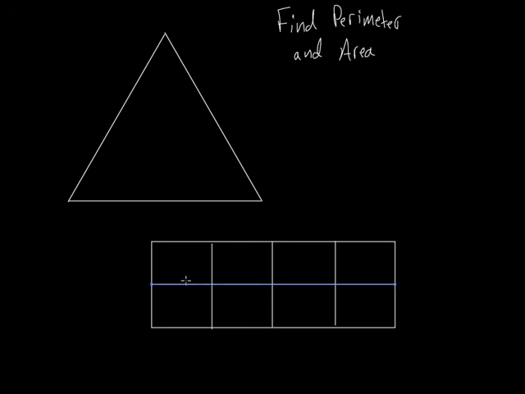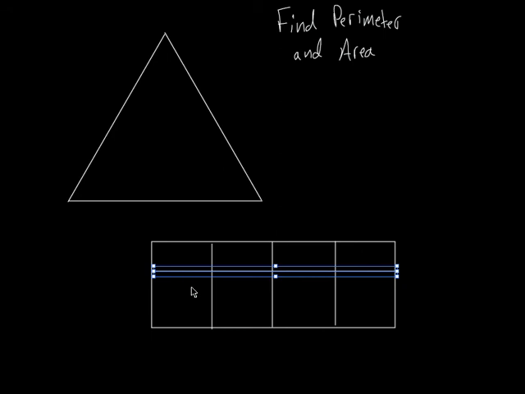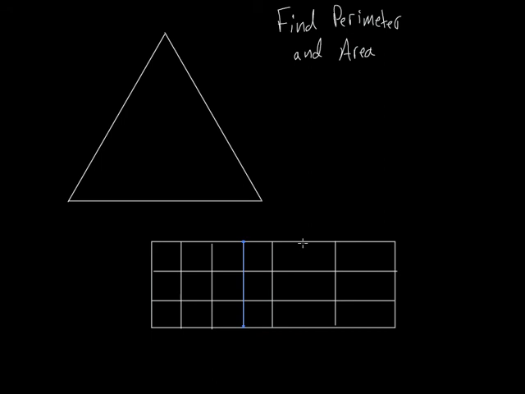Maybe if I go like this and put some more lines in there. I'm trying to make these into squares. Now they're going to look like squares. Now it's kind of looking like squares, isn't it?